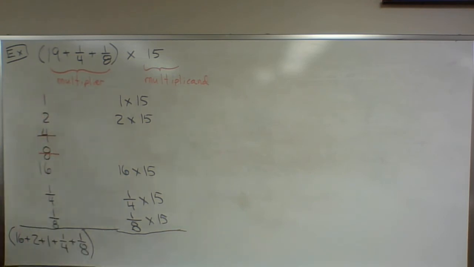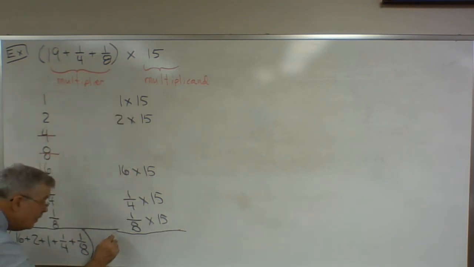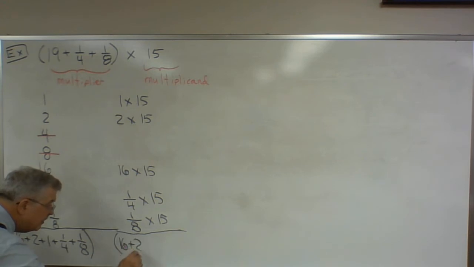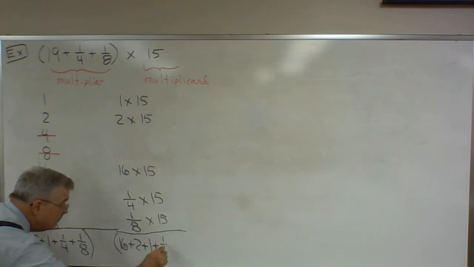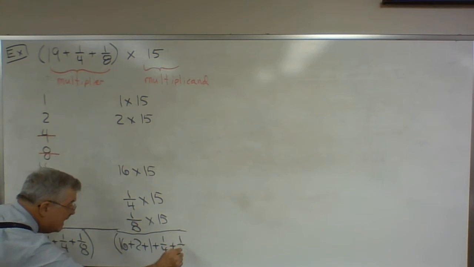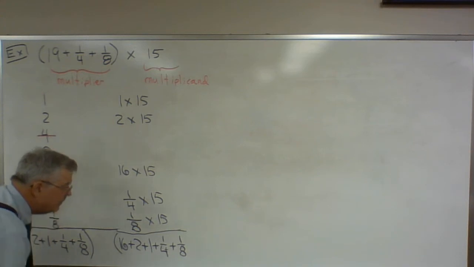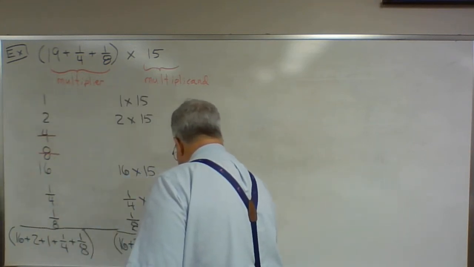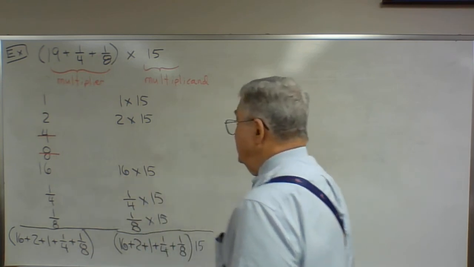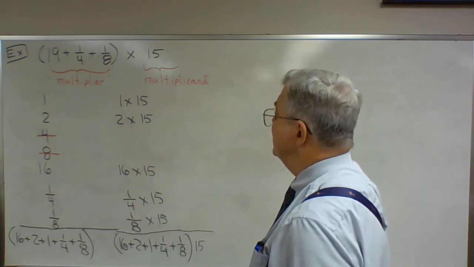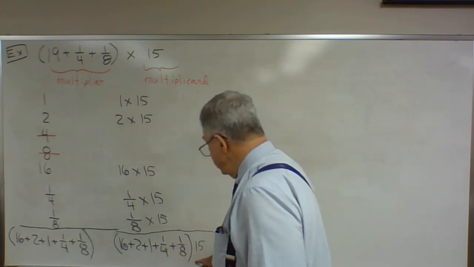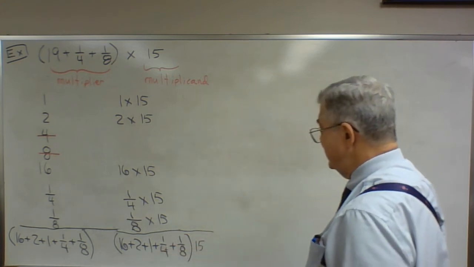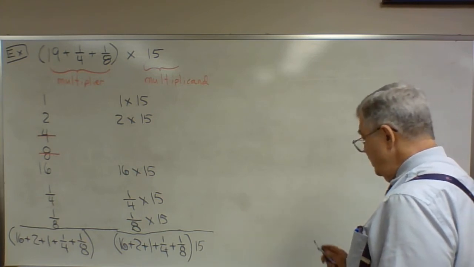And if we add these up and factor out the 15, what we have is 16 plus 2 plus 1 plus 1/4 plus 1/8 times 15. So essentially we have our multiplier times 15, the multiplicand, which is exactly what we want.